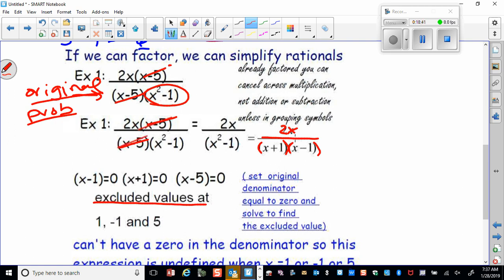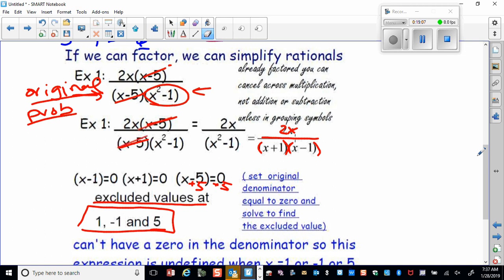So we have to look at x minus 5, and if you add 5 to both sides, you get x equals 5. And then over here, you're going to have a -1 and a +1 would make those equal to 0. Okay, so you have 3 excluded values there because your denominator was x squared times x. Right, so you have 3 zeros.